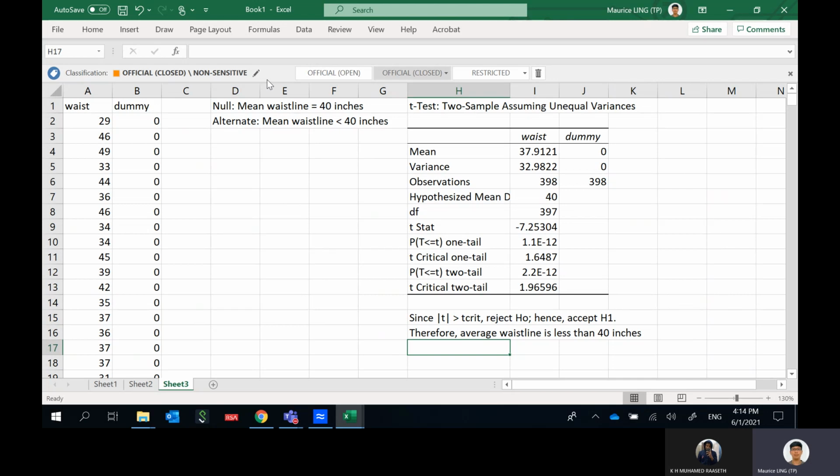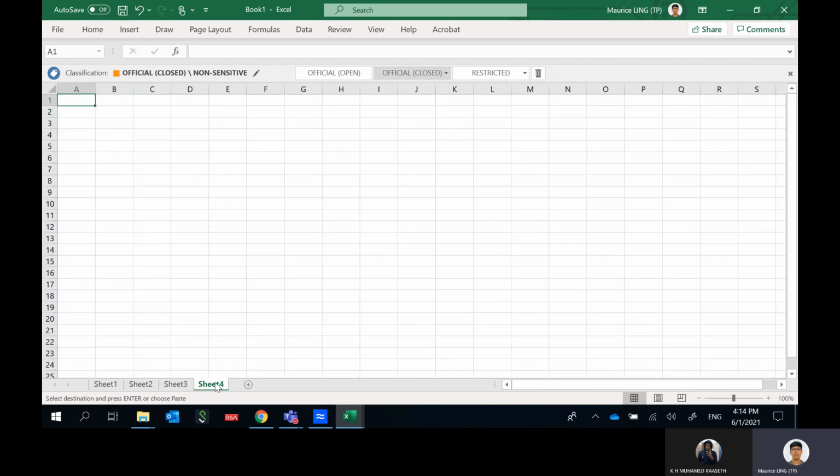So now we're doing the Z test. Let's say you want to do the Z test for this waste. So we copy the waste and the dummy to the next sheet.